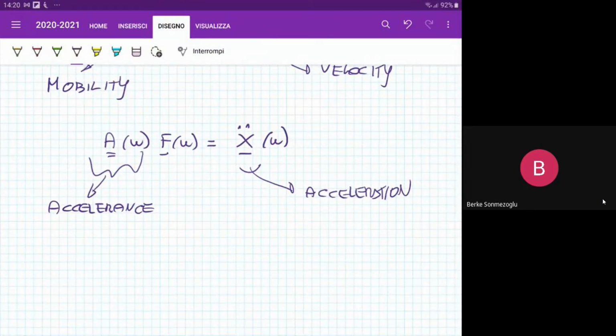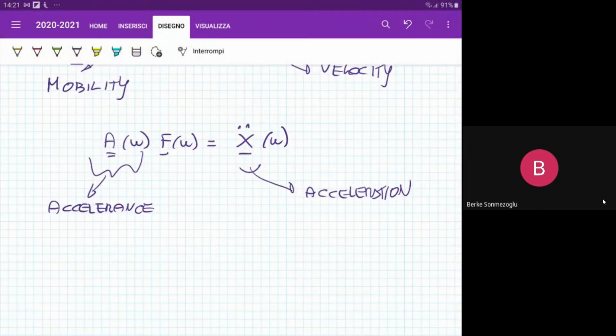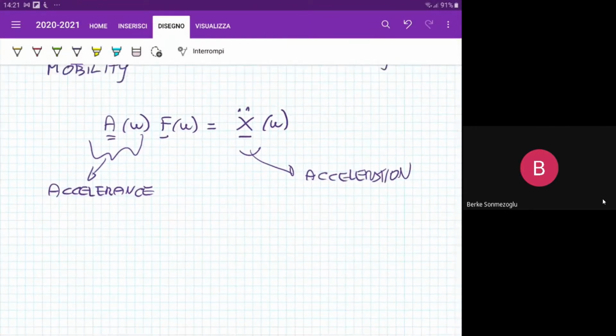Because of the different outputs in terms of displacement, velocity, and acceleration, by taking into account the Fourier transform or the frequency domain properties, and just by assuming that your input is a harmonic input, we have the following relations when we are moving from receptance to mobility to accelerance. Specifically, we can obtain the amplitude of the mobility function just by multiplying the amplitude of the receptance function times omega.